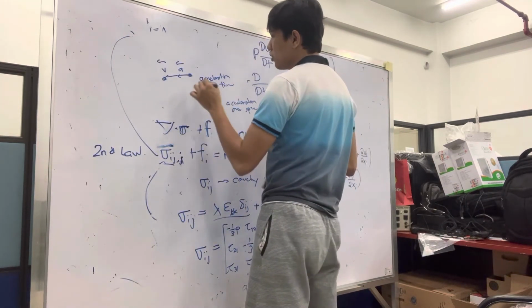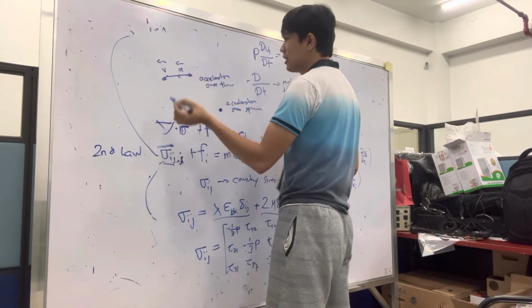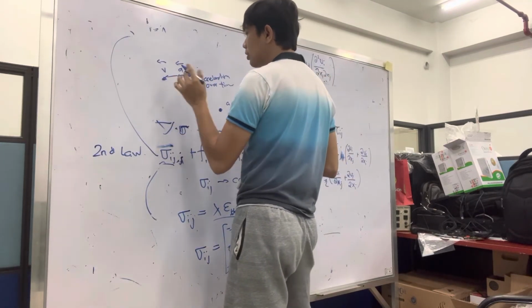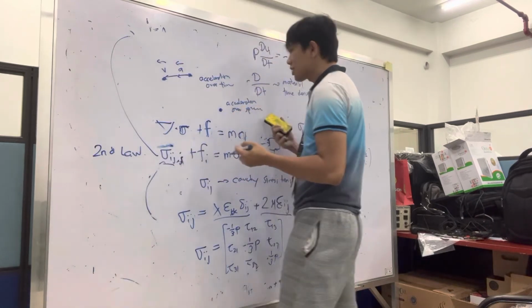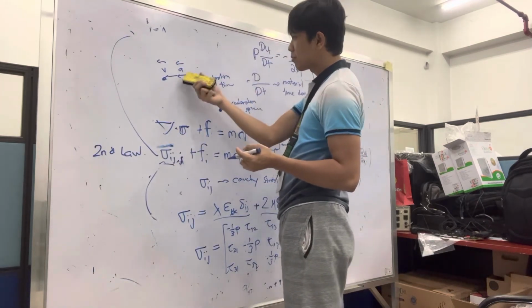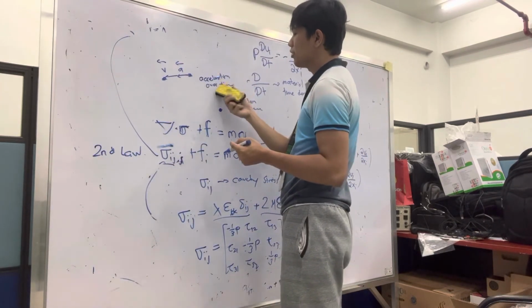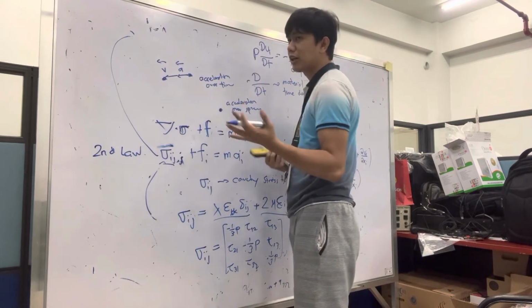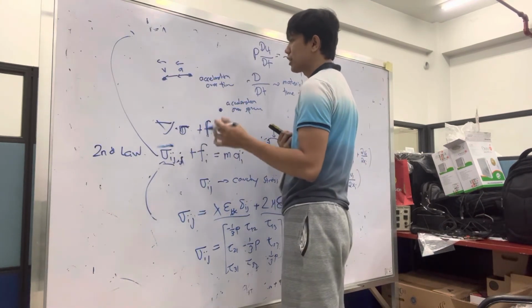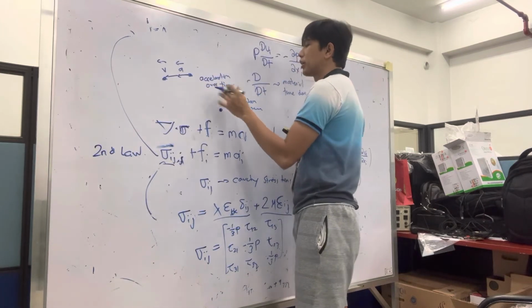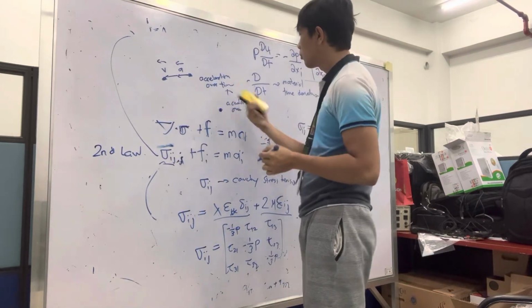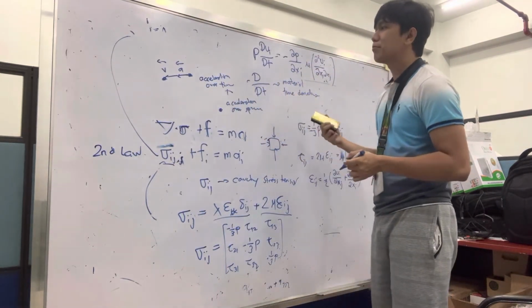So kung nandito ka, ano yung velocity? Tapos after some time, pagdating mo dito, ano yung naging velocity? Yun yung acceleration over space. Tapos with respect sa observer, yung acceleration na naranasan niya, kung ano yung naging change ng velocity based sa perspective niya, yun yung acceleration over time. So yung addition ng dalawang ito, yun yung material time derivative.